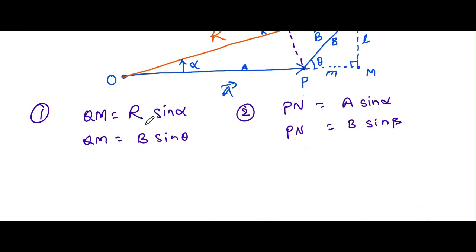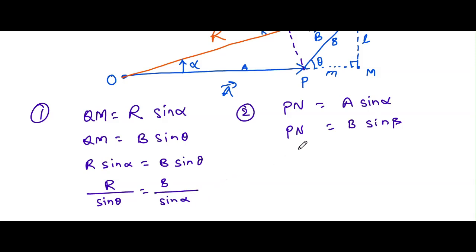So we have here R sine alpha equals B sine theta, or we can write R by sine theta equals B by sine alpha. In the same way, we can write A sine alpha equals B sine beta, or A by sine beta equals B by sine alpha. And we can see here is B by sine alpha, and here is also B by sine alpha.